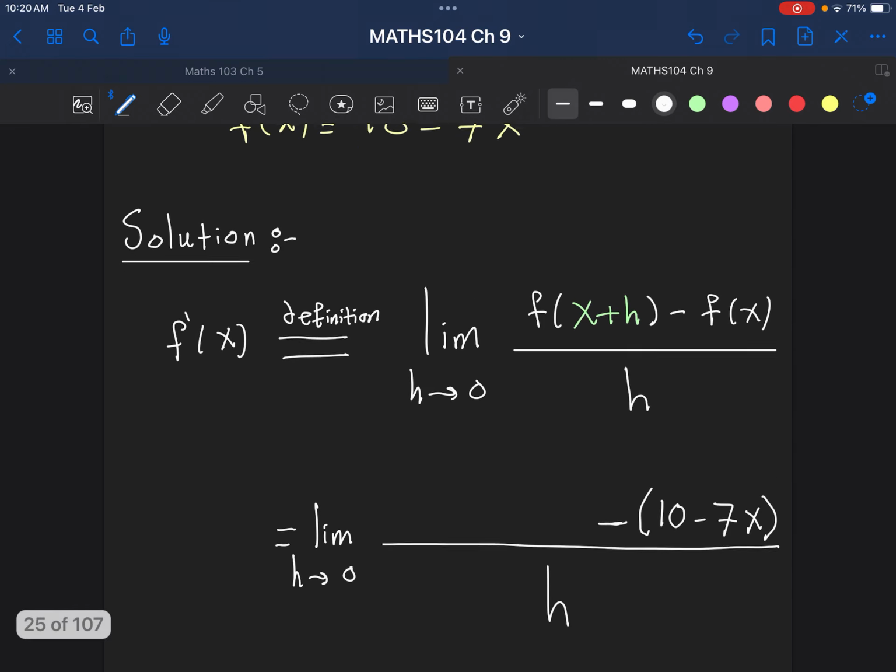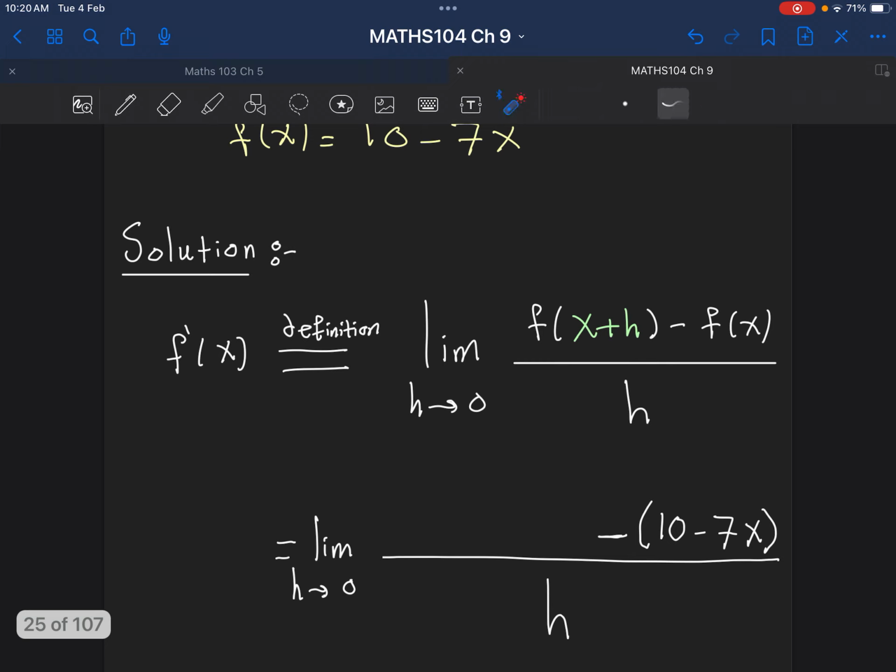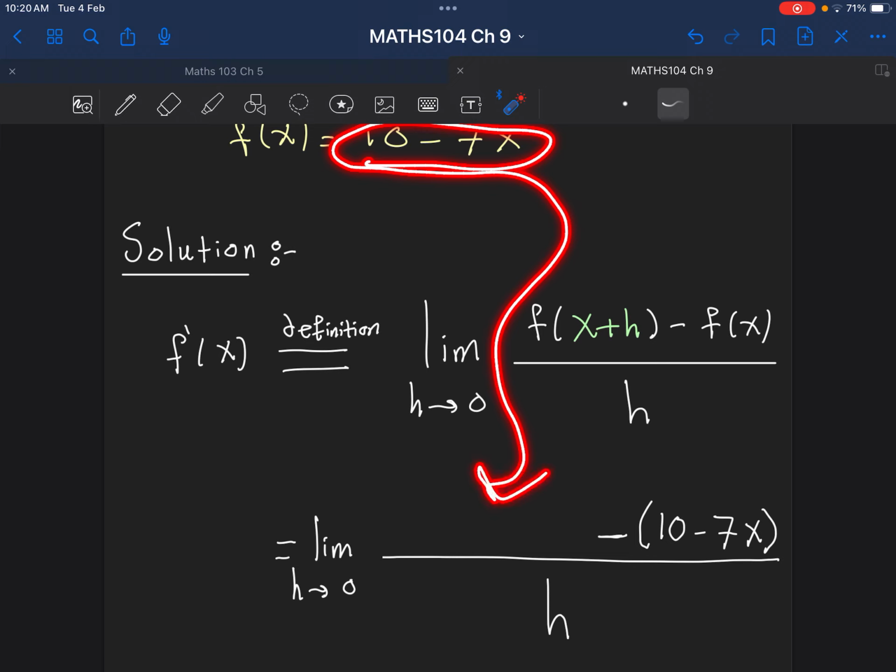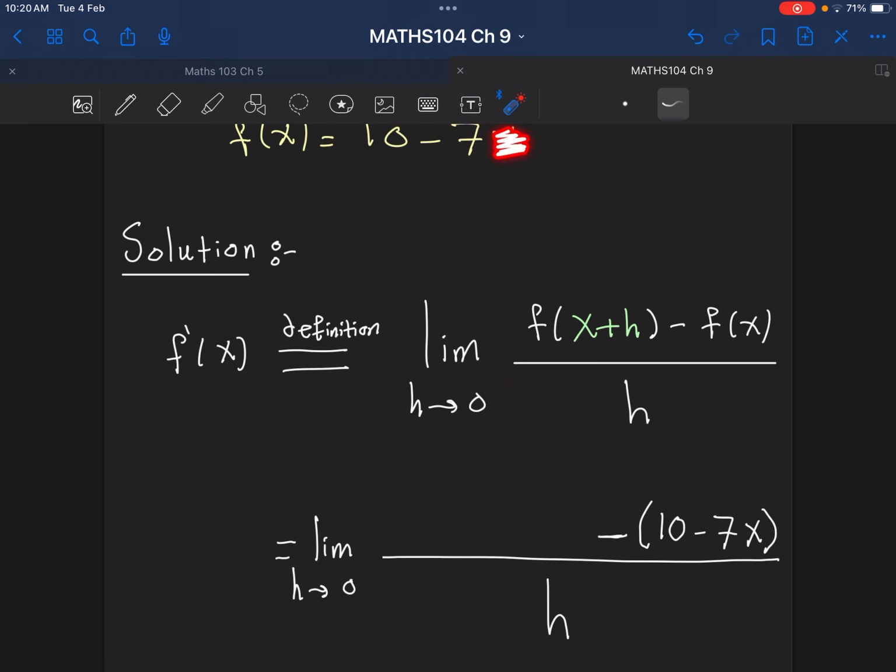Down here, just keep the h. Now the question is, what shall we write here? Again, you need to write everything in the original function, except whenever you see x, you replace it with x plus h and keep it between two brackets. It will be much more helpful to us.